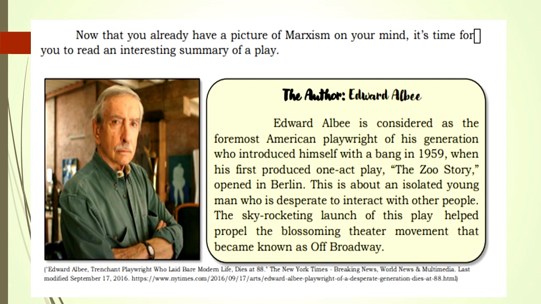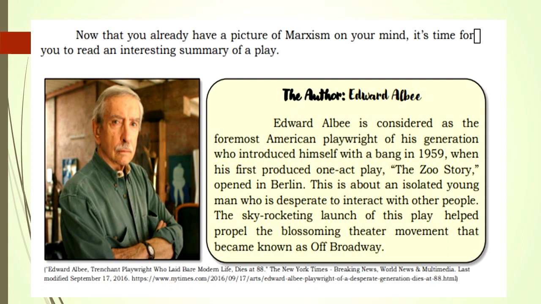Now that you already have a picture of Marxism on your mind, it's time for you to read an interesting summary of a play. This story is written by Edward Albee. Edward Albee is considered as the foremost American playwright of his generation, who introduced himself with a bang in 1959 when his first produced one-act play, The Zoo Story, opened in Berlin.